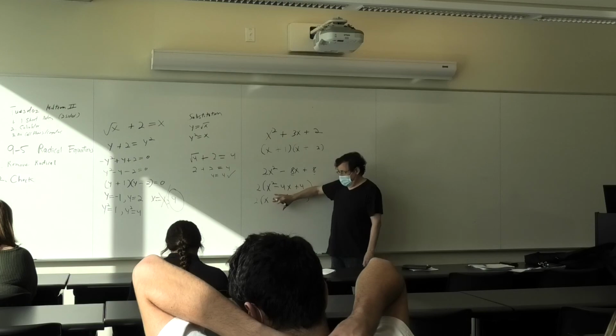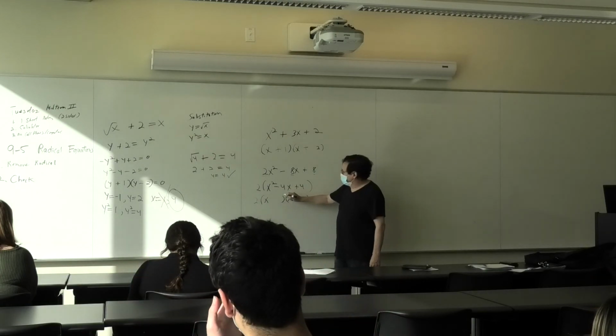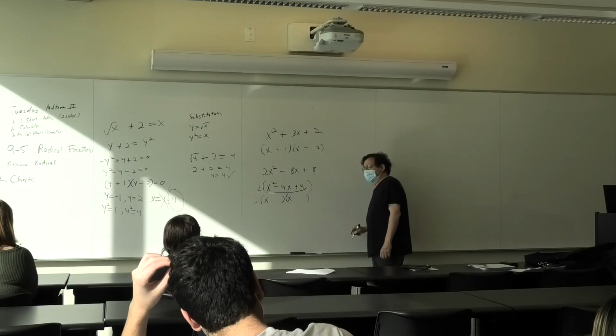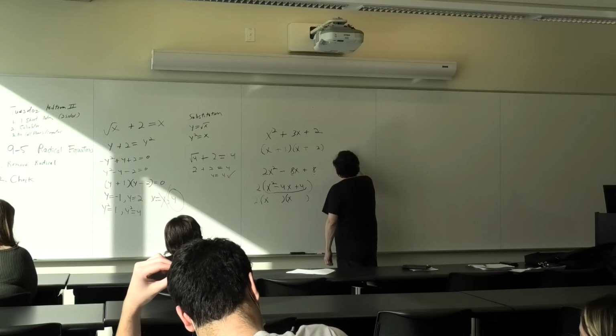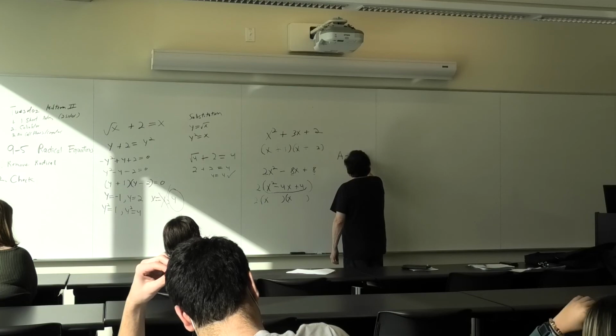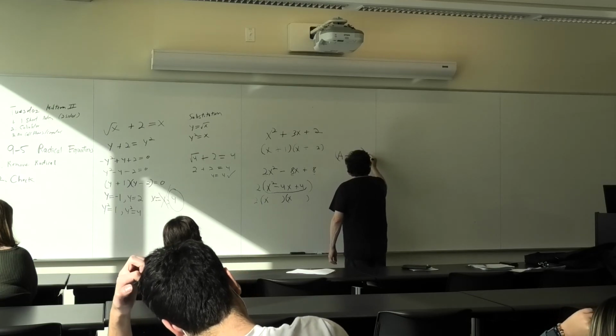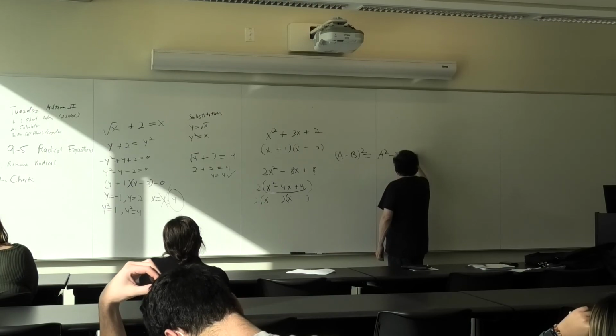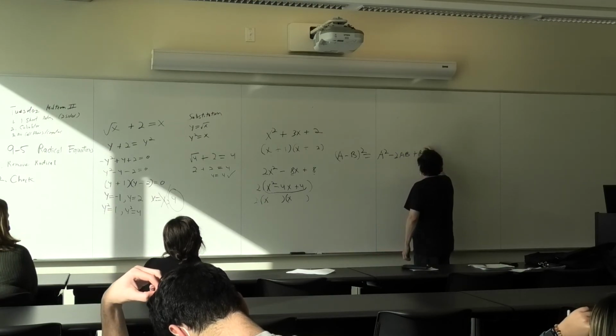The other thing you can do with something like this, if you're really good at pattern matching, is remember the pattern we talked about, a minus b squared equals a squared minus 2ab plus b squared.